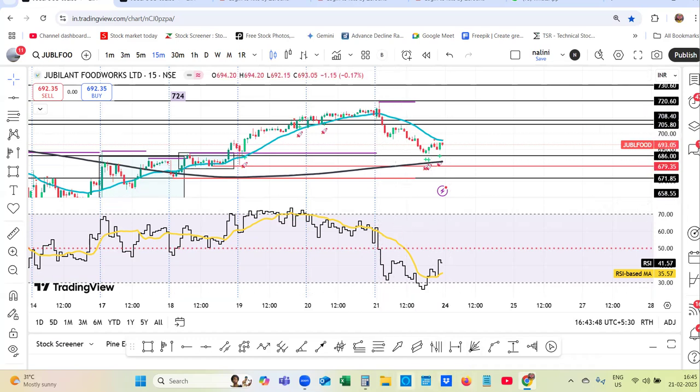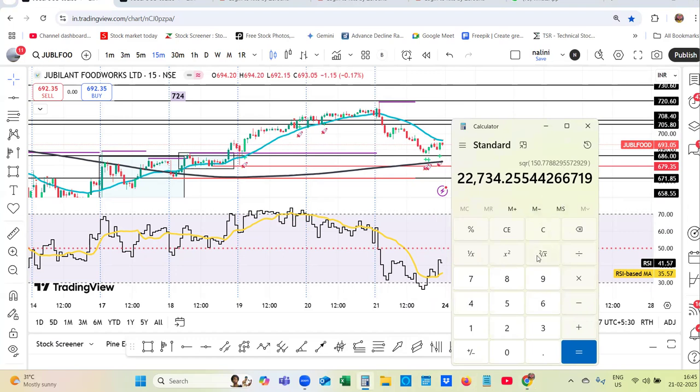I'm going to feed it into the calculator to get the levels. If I'm going short, what are the levels expected on this Jubilant Food? The down targets. 719.9 square root minus 0.618 Fibonacci. This is equal to, I'm getting this value. If I square it off, I'm getting the value of 687.